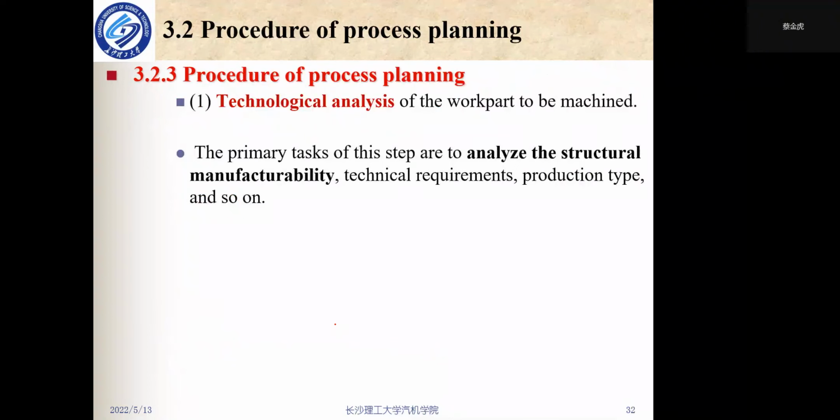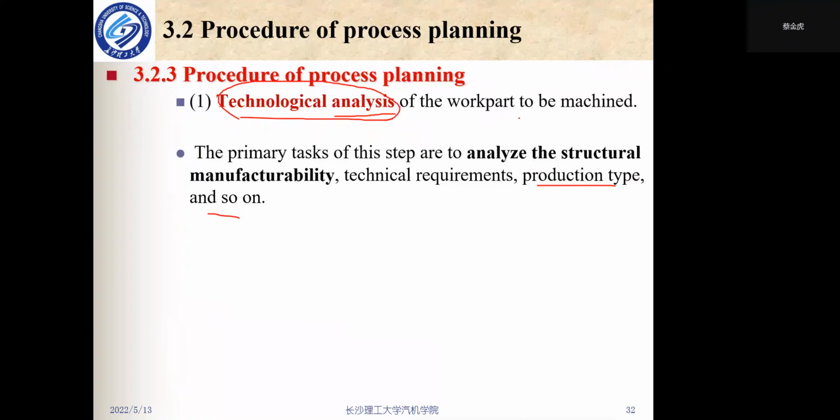The first one is technological analysis of the work part to be machined. The first step of process planning is technological analysis of the work part to be machined.